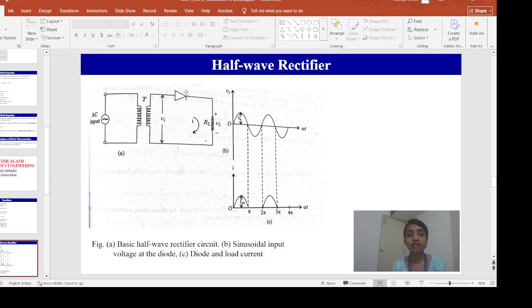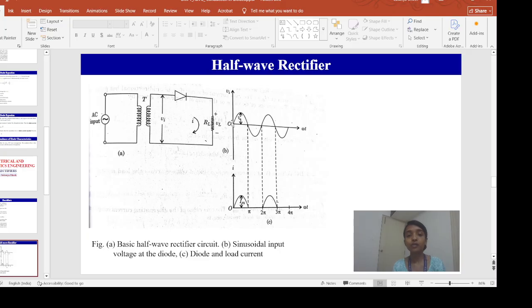We have a diode, and a load resistor RL is connected at the output. This is my input signal, a sinusoidal signal, which I am applying at the input side. Now in the secondary of the transformer this signal is appearing.